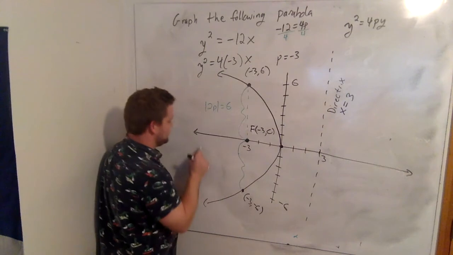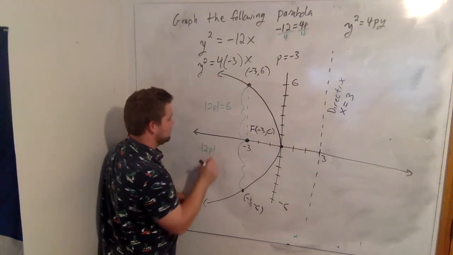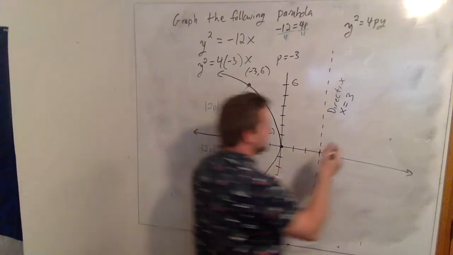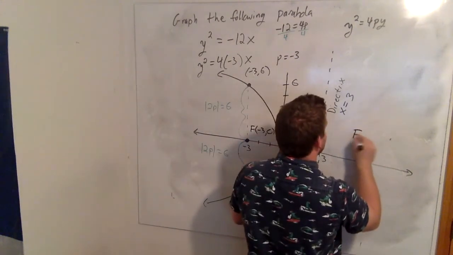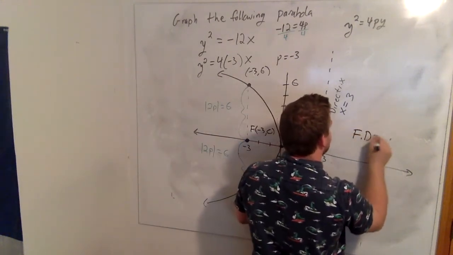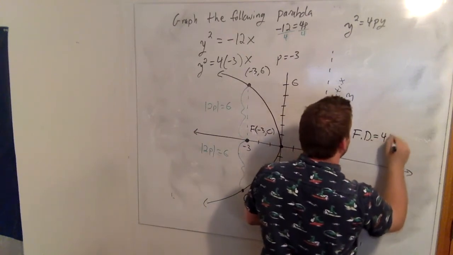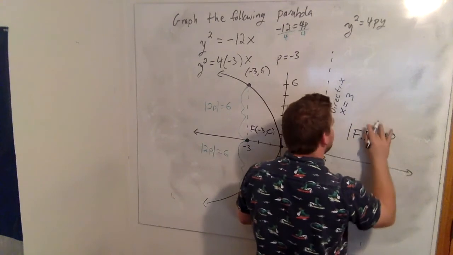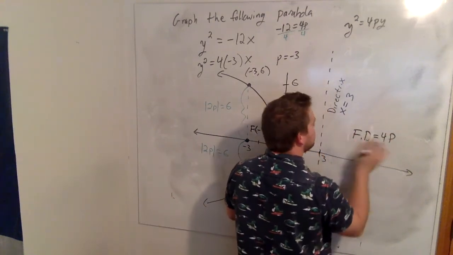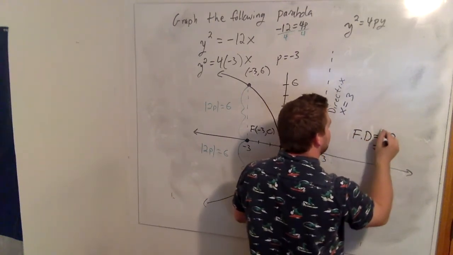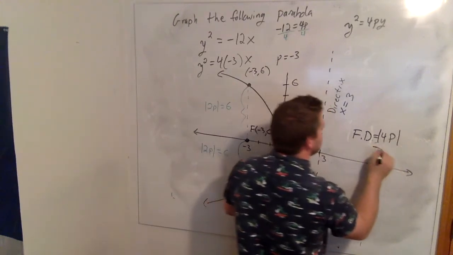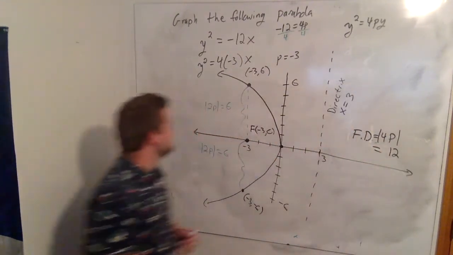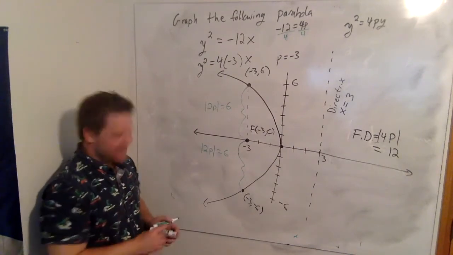The distance from here to here will be 6. So I hope you see that the focal diameter is the absolute value of 4p, in case p is negative. Focal diameter is a physical length, so we do the absolute value. That should be 12.